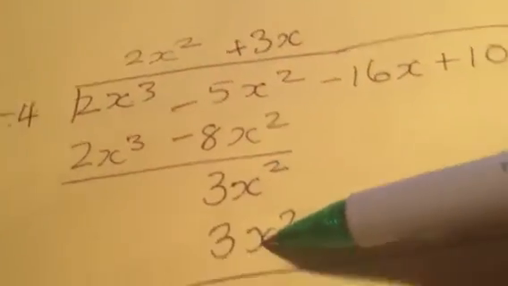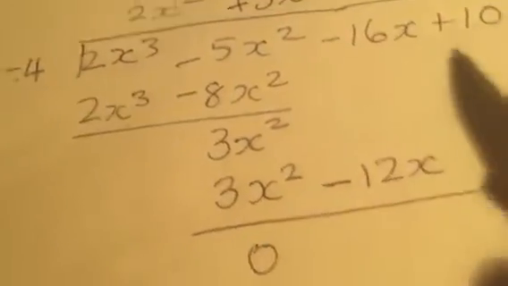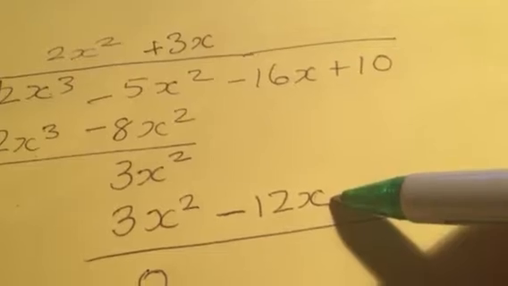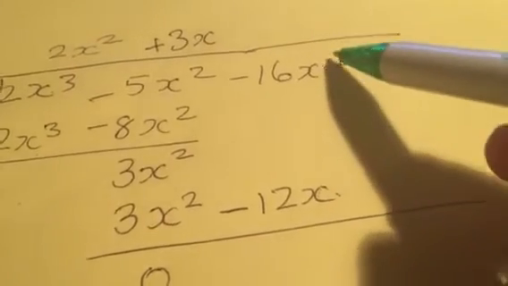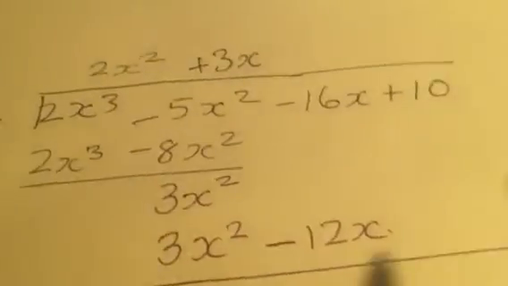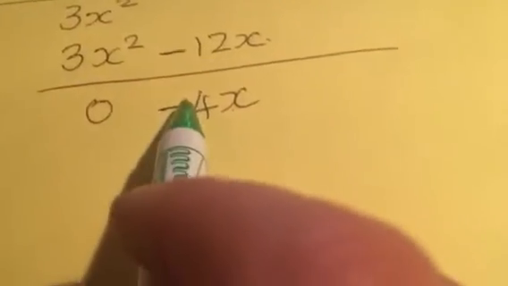So I've got 3x squared minus 3x squared, which is nothing. I've got minus 16x minus minus 12x, which becomes plus 12x. So minus 16x plus 12x gives me minus 4x. I then say, how many times does x go into minus 4x? It goes minus 4 times.